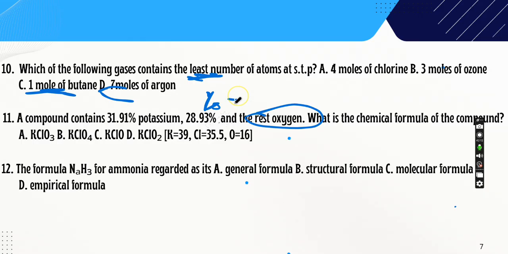The percentage of oxygen can be gotten by doing 100 minus the sum of the other 2 percentages. Since there are just 3 elements, definitely if we do this, it will give us the percentage for the third one.